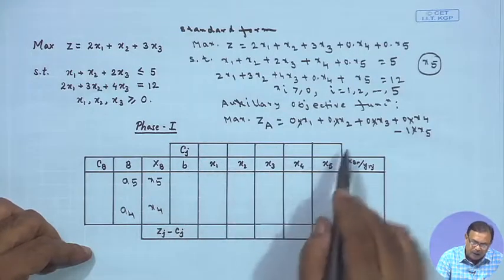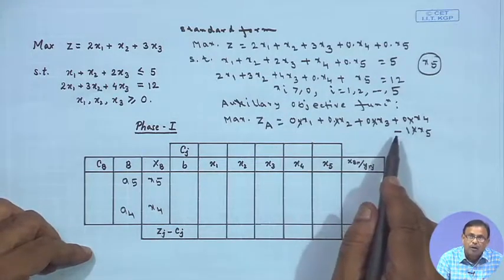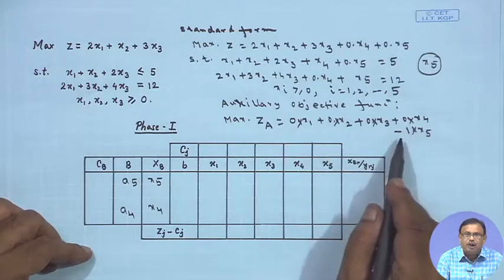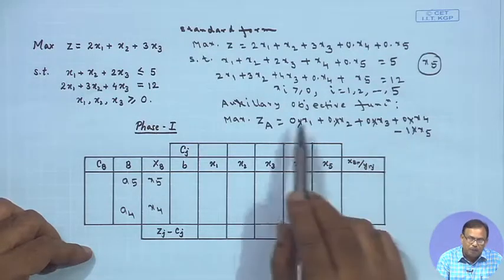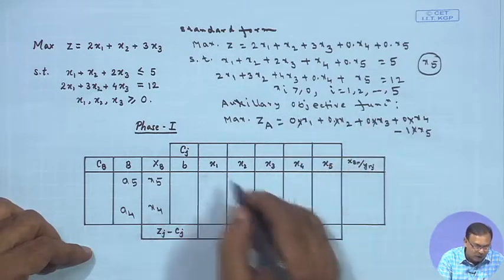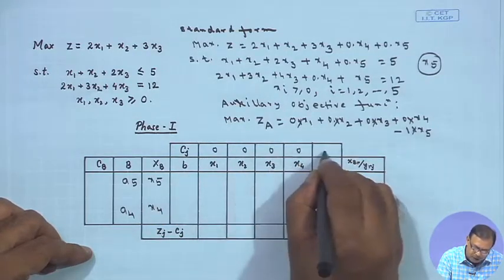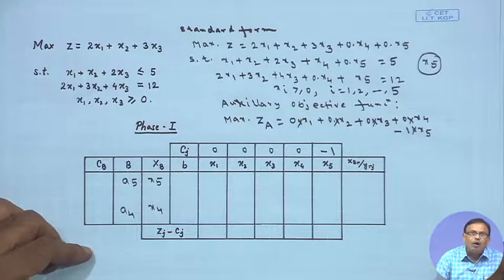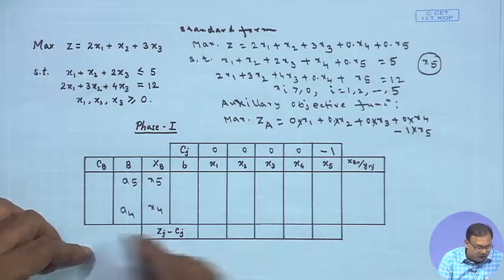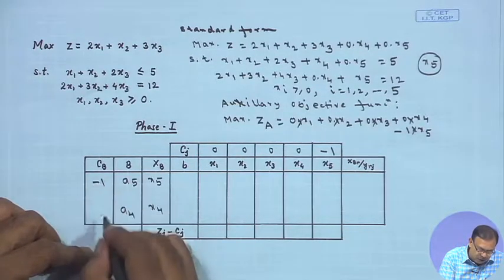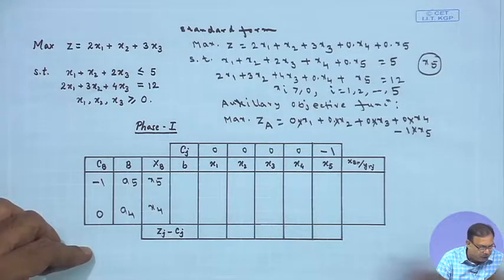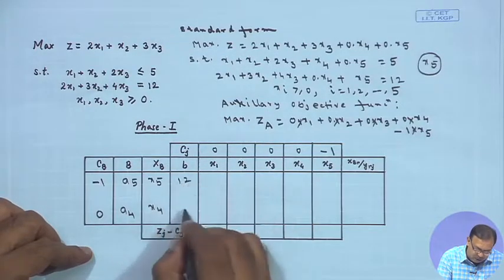The value of Cj is not the original one, but for the new objective function, that is, the auxiliary objective function. So, for all variables it will be 0, and minus 1 only for the artificial variable. So, Cb here is minus 1 and 0, and your b value is 12 and 5.